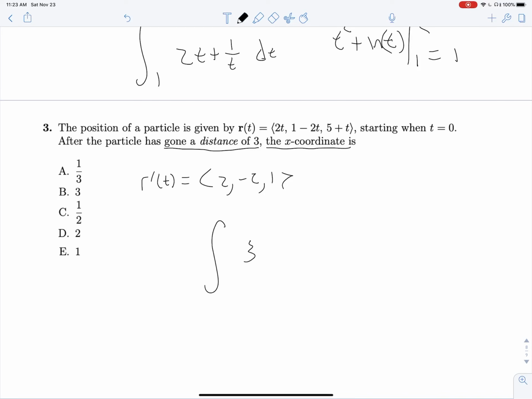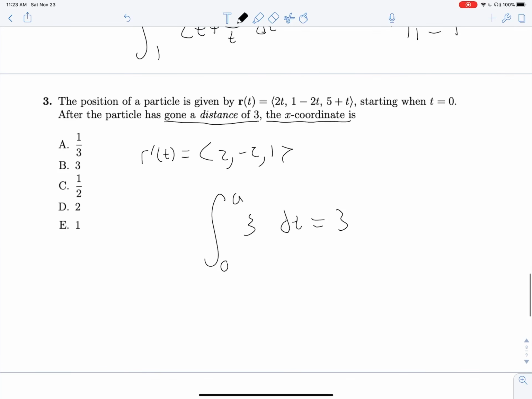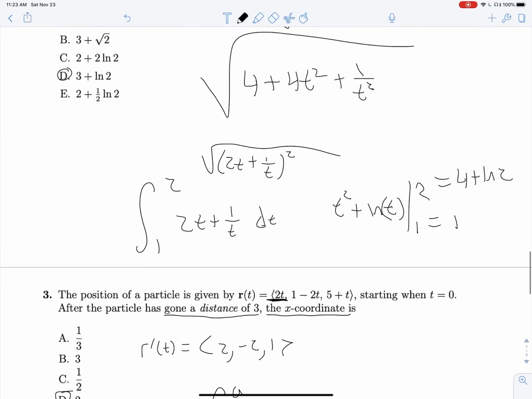And we're integrating from 0 to a dt, and we're saying that that's equal to 3. So solving 3a equals 3, this is just a equals 1, and we remember that a is really the t value for which this is true. So when t is equal to 1, the x component is 2t. For t equal to 1, that will be 2.